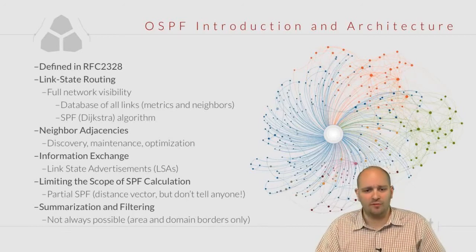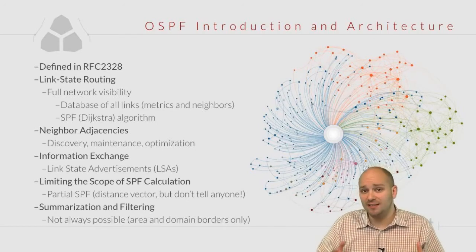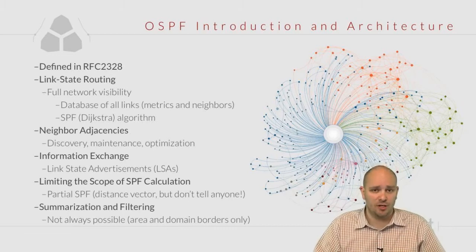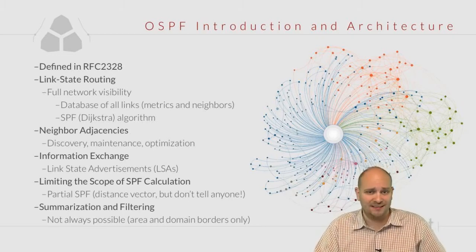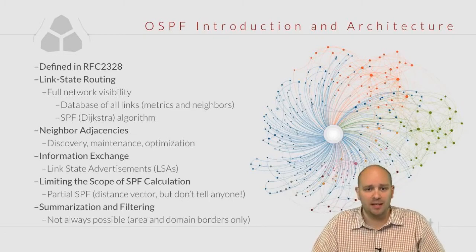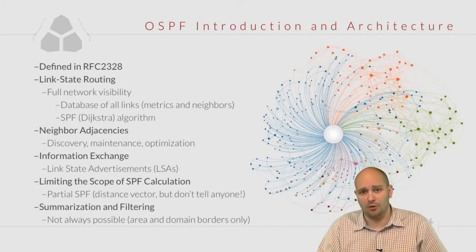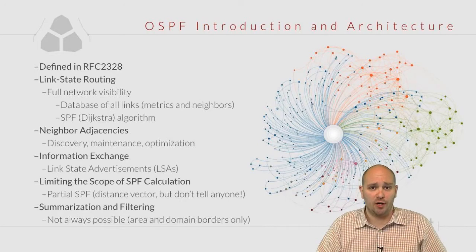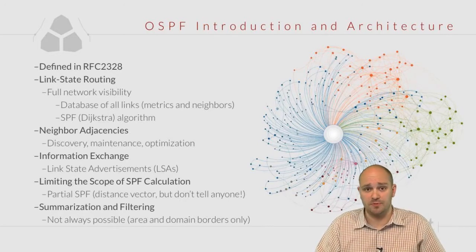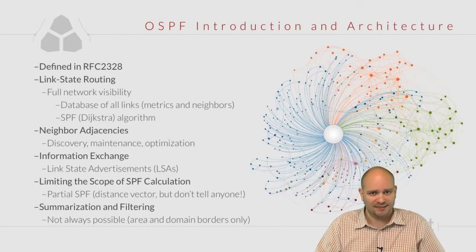By full network visibility, I mean that there is a database that contains the information about all the links in the network. And links are simply interfaces, and the information that is kept about these interfaces is their metrics and the relationships with other devices on those links.